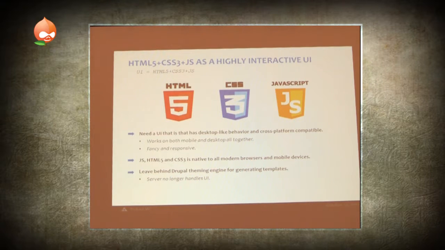CSS3 can do all the transitions, all the transformations, all the cool stuff to make the design look impressive. The combination of HTML5, CSS3, and JavaScript is native to all modern browsers. So the second problem I talked to you about has already been taken care of, which is a good thing for us.